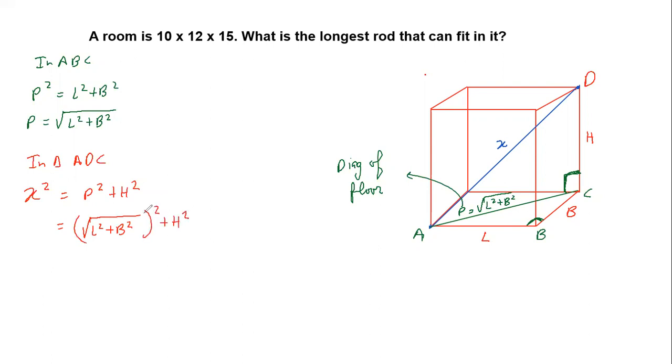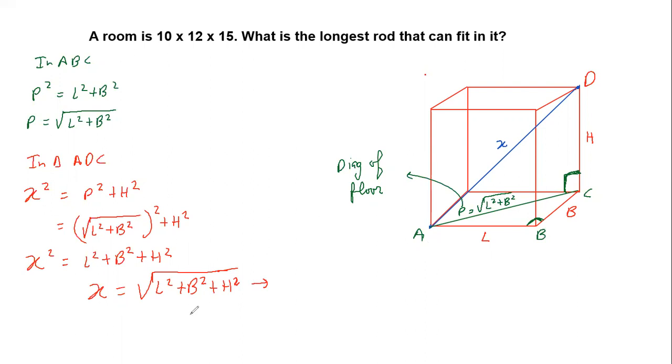So this under root and square will cancel off. So X square will come out to be L square plus B square plus H square, and hence X will come out to be under root L square plus B square plus H square. And this is the length of the longest rod that can fit inside a cuboid.